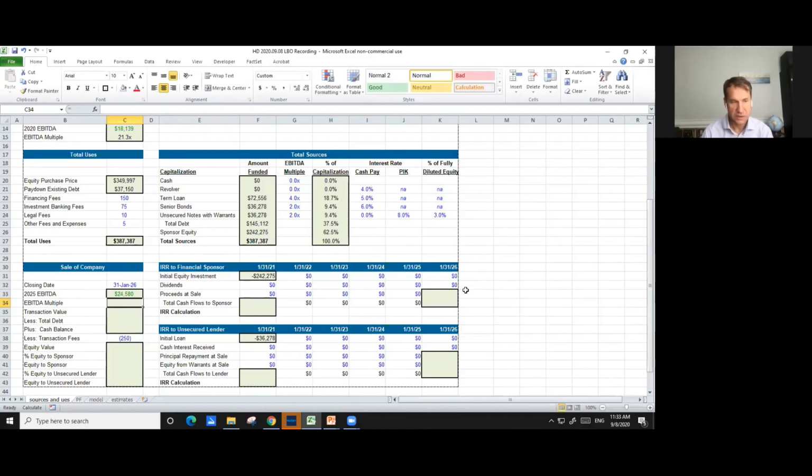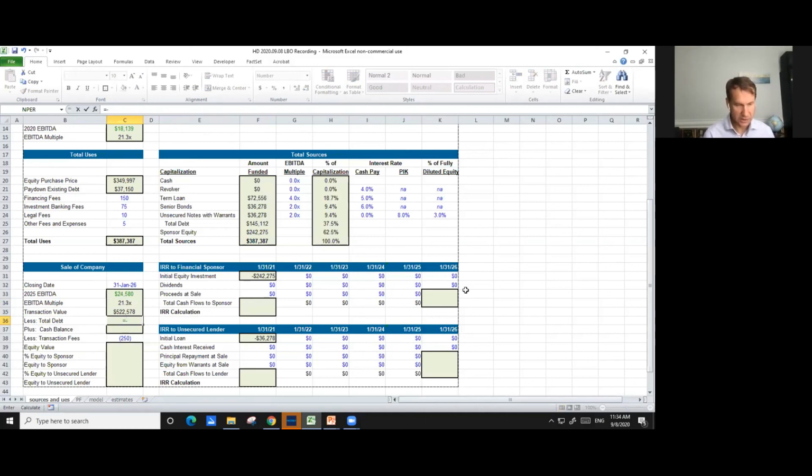And then let's assume that they sell the company at the same multiple. So transaction value would be EBITDA times the EBITDA multiple, 522 billion, less total debt at the end of our forecast period.